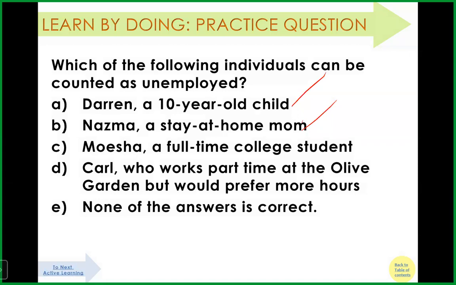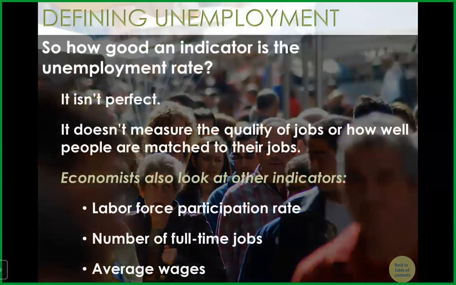No, they are not looking for a job, right? D, works part-time but would prefer more hours. Also no, right? It's just underemployed, but still has a job. Okay, so the answer is E.